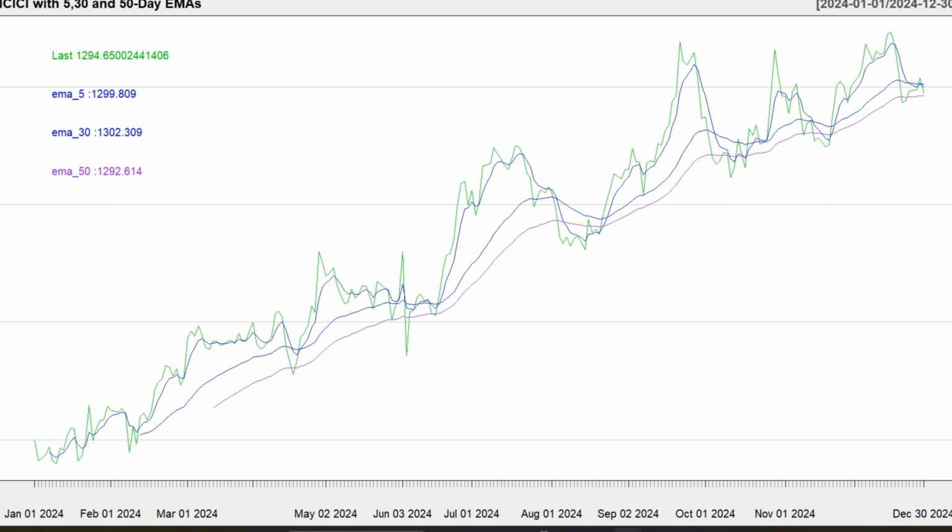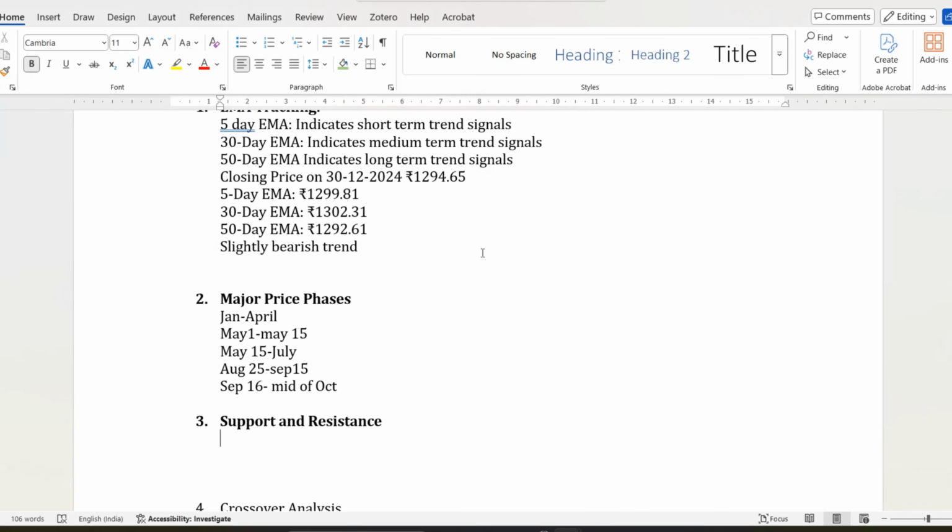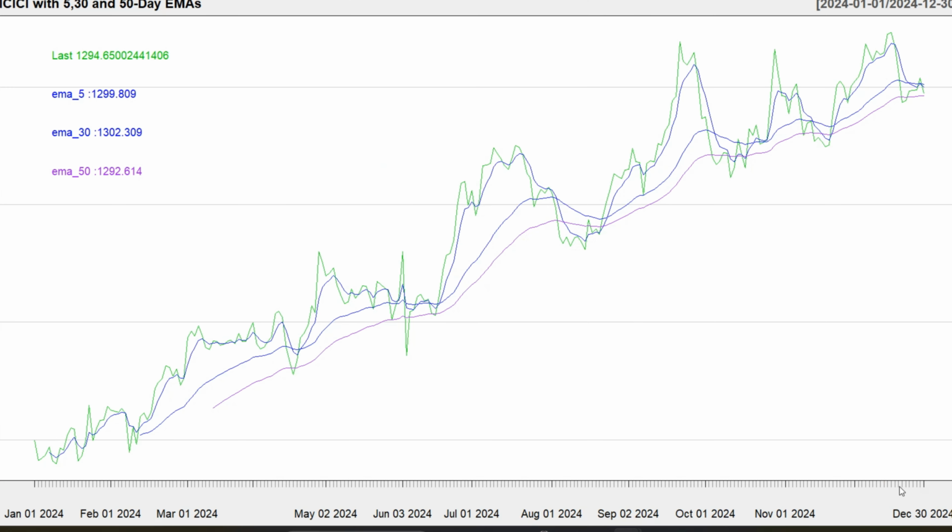We can say around 1270 maybe my support. I may be wrong here, but based on the last month, December month observation, it didn't touch 1250 again. So you can see the upward trend going on here.